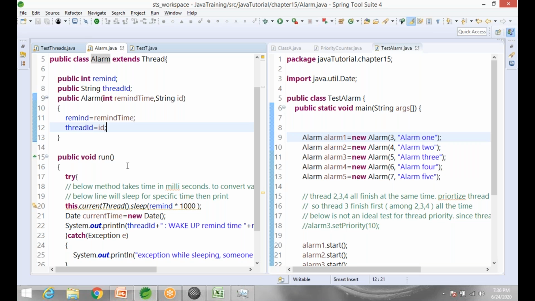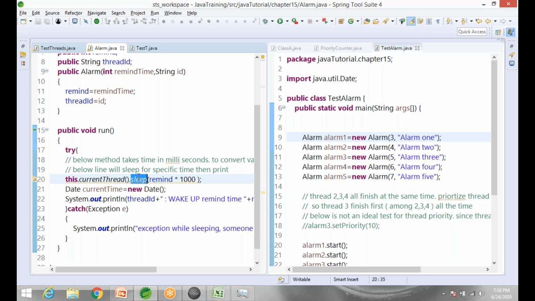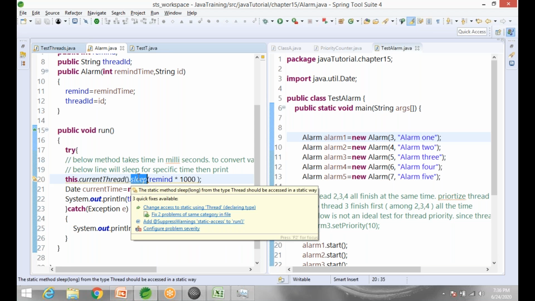All right, so this is the method sleep. Okay, sleep is the method that will allow you to go in a timed waiting.